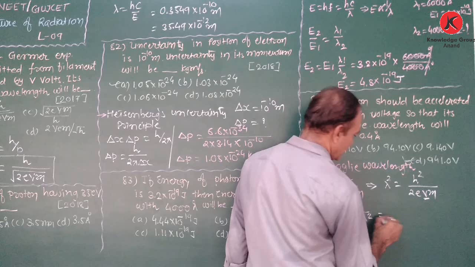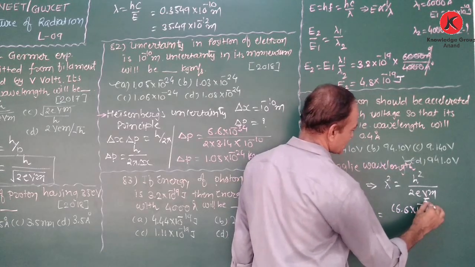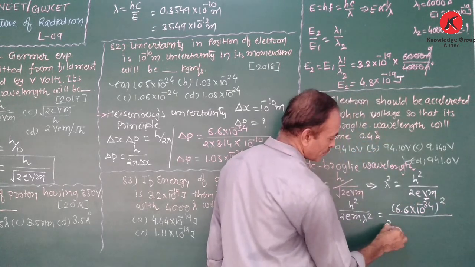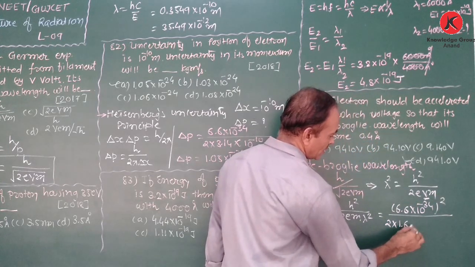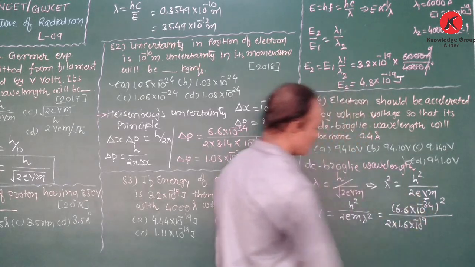Substitute the value as 6.6 into 10 is to minus 34 whole square divided by 2 into charge of an electron 1.6 into 10 is to minus 19.